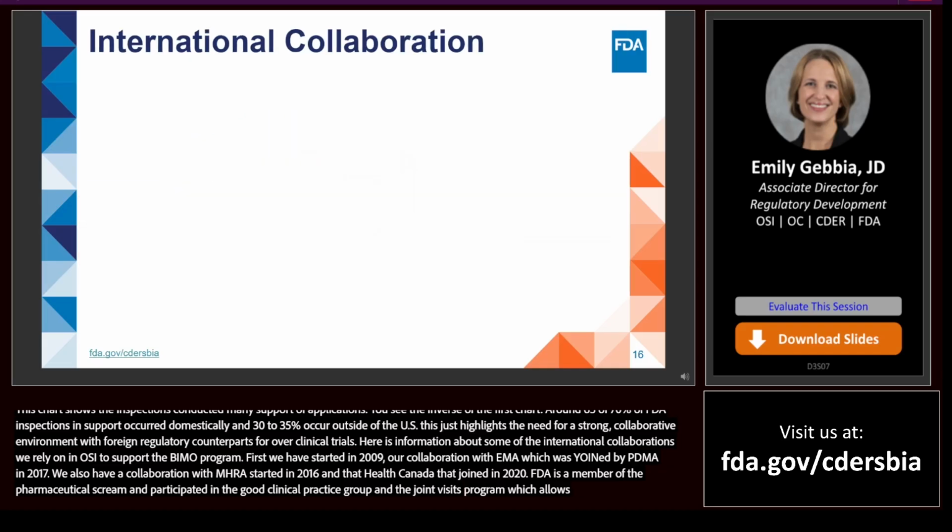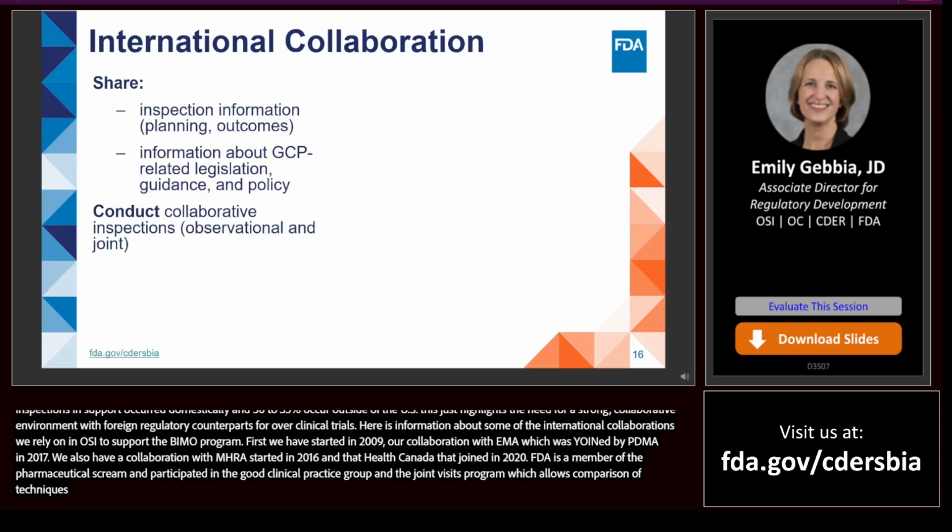So, to what end is all of this international collaboration? Well, the key objectives are really to share information to support inspection planning and to share information about inspection outcomes, and then to discuss information about GCP-related legislation, guidance, and policy.